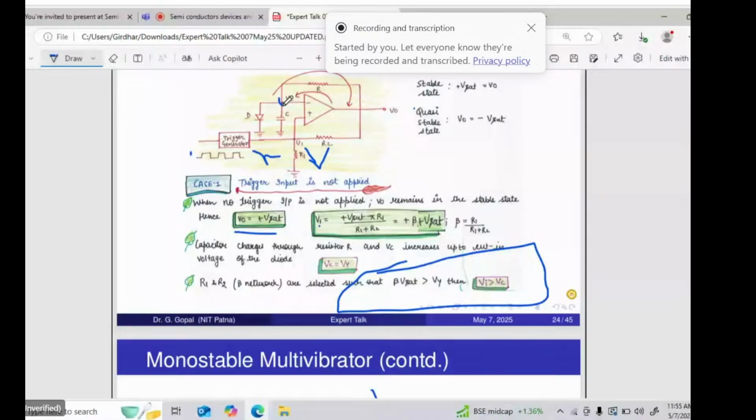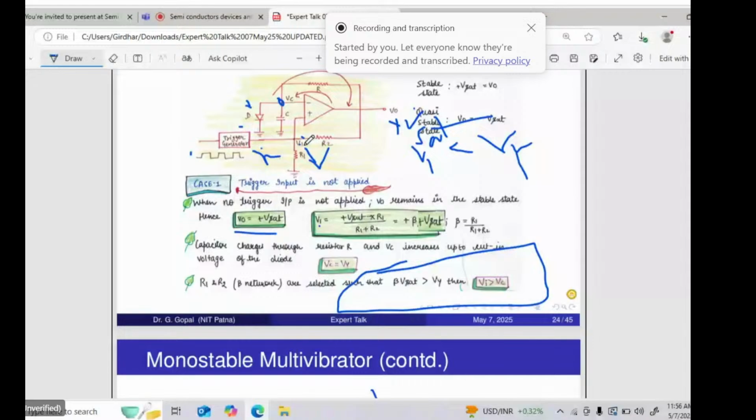Vd is positive minus negative, so Vd will also be negative. If Vd is negative, since this is an operational amplifier, the output will be minus V set. So the output changes from the stable state to the quasi-stable state, minus V set. Right.